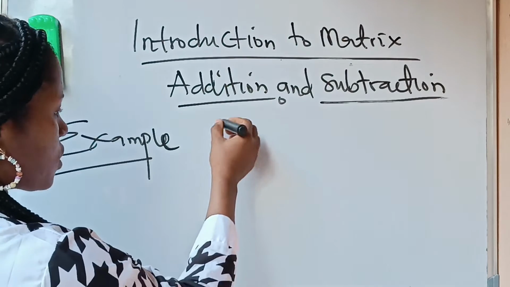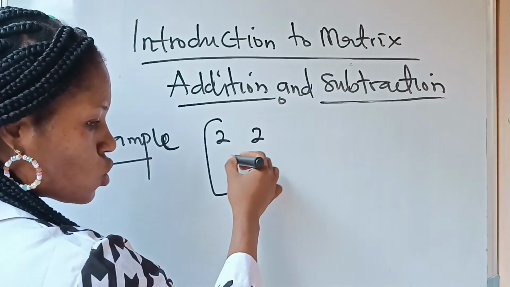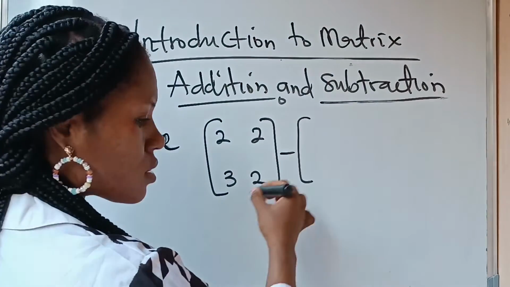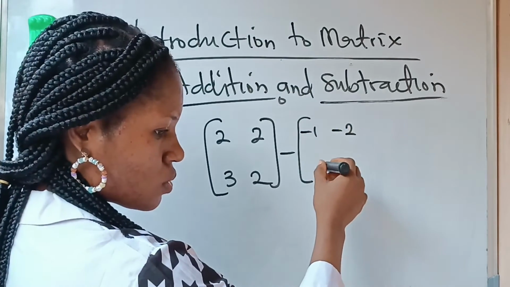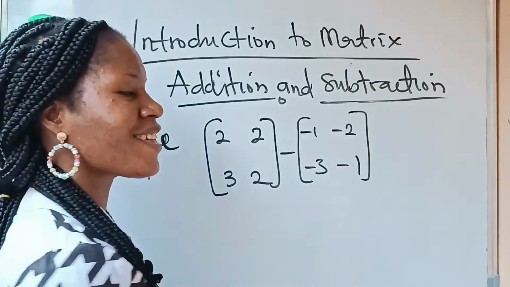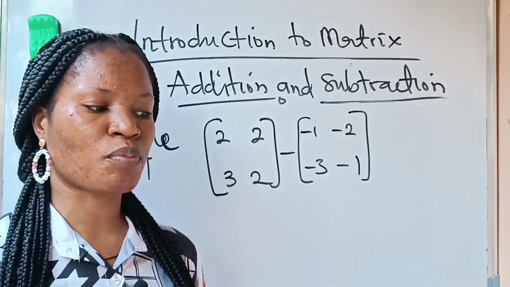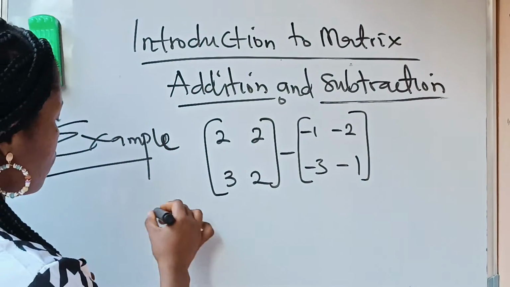Okay, we are asked to subtract this from each other. We have 2, 2, 3, 2 minus negative 1, negative 2, negative 3, negative 1. This one is going to be a bit different, but I want you to pay attention to the signs. So how do we solve this?